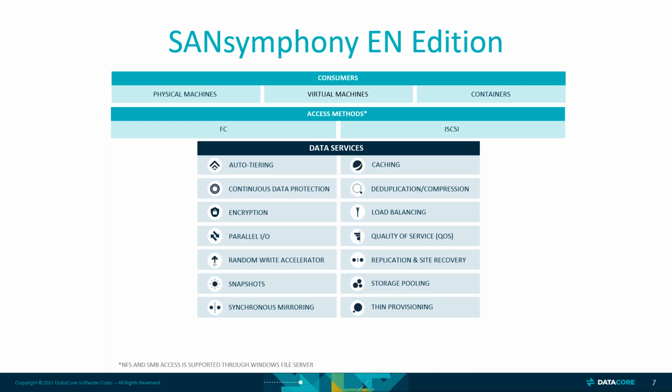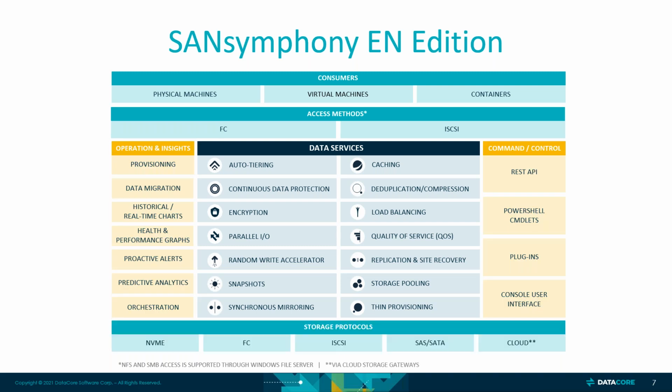So those are the 2 SAN connections, whether they're external SANs outright, or in the hyperconverged space, they may be internal behind almost like a loopback. You see the set of data services. They range from auto tiering, continuous data protection, which we abbreviate as CDP, sync mirroring, all of these. And what I'll do is contrast what that brings compared to the BZ edition.